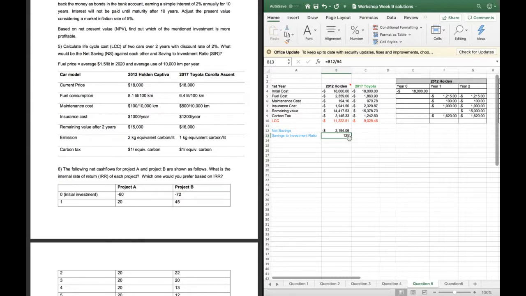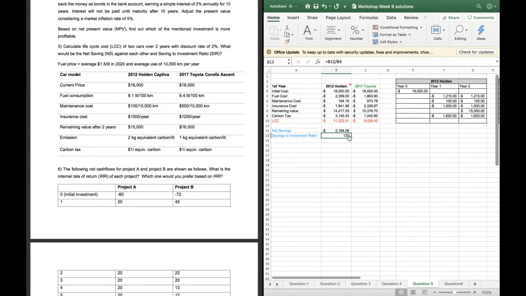So here, what the lecturer is saying is that we would have two values of investment ratio, because let's say that we will have one SIR for the 2012 Holden and one SIR for the 2017 Toyota, and the savings per investment would be those salvage values in each project.